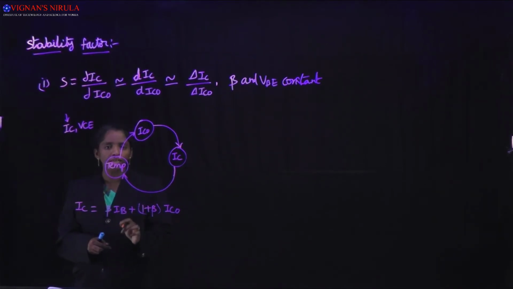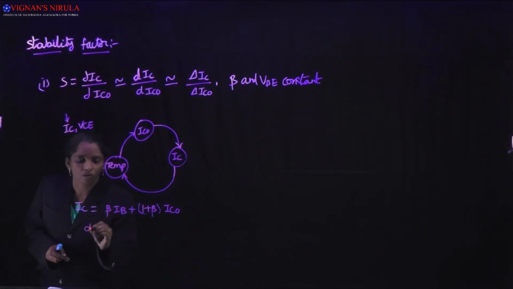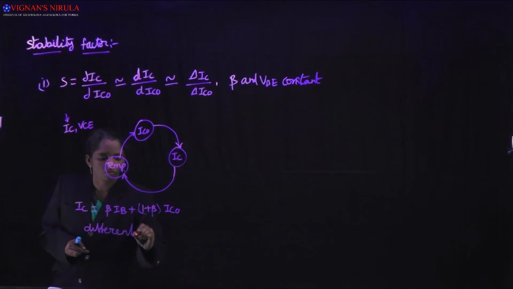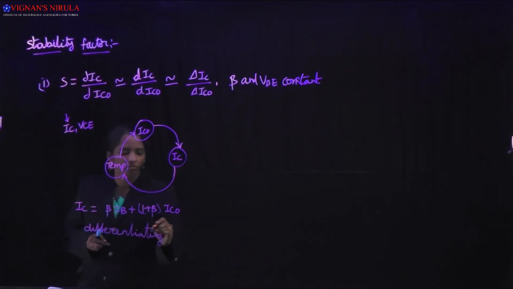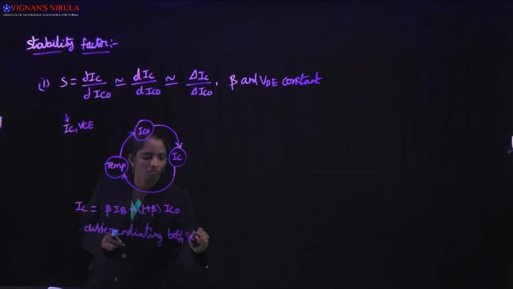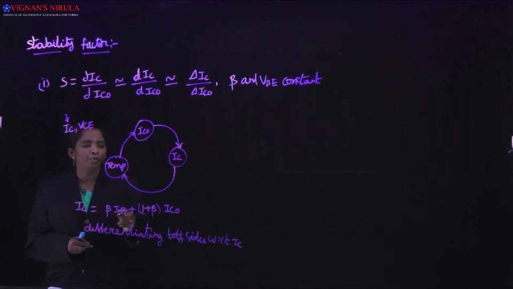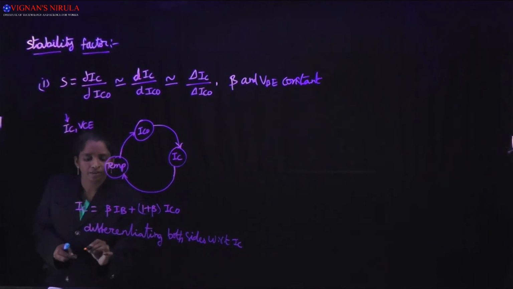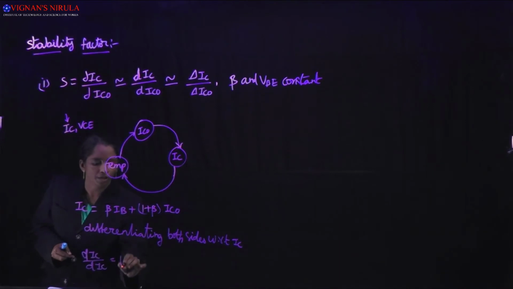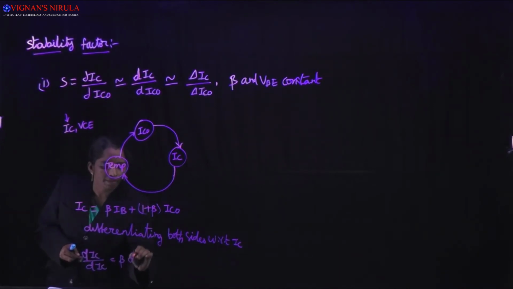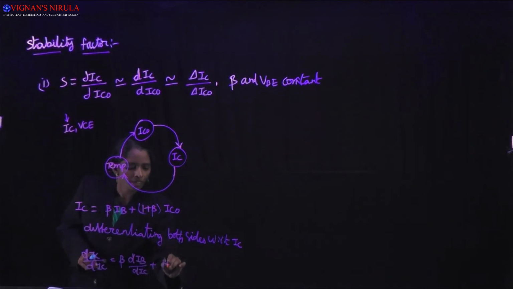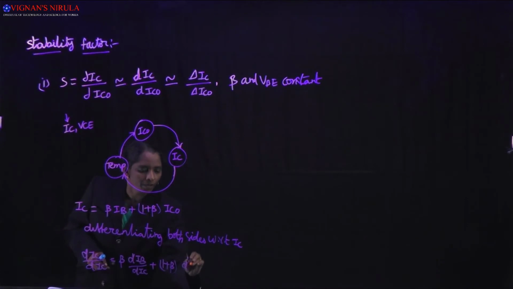Now differentiating both sides with respect to IC, we will get dIC divided by dIC equal to beta into dIB divided by dIC plus (1 plus beta) into dICO divided by dIC.